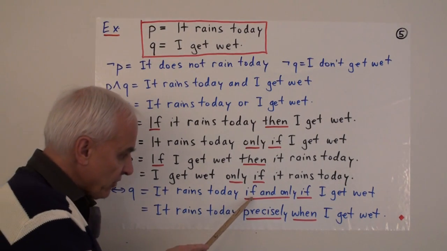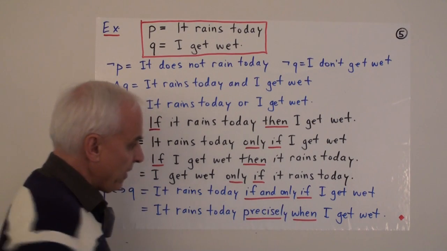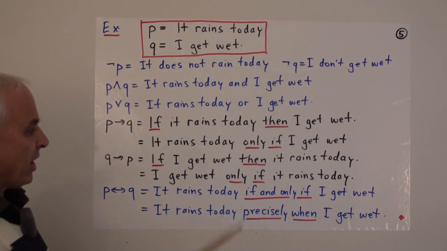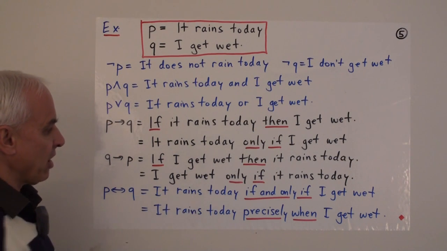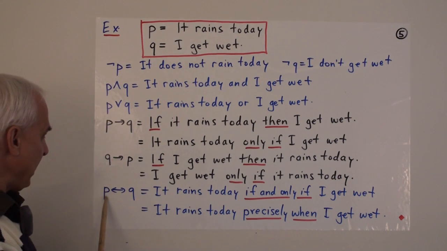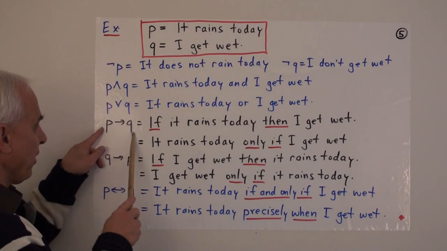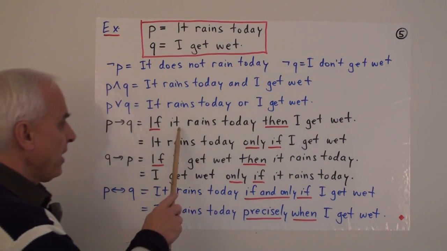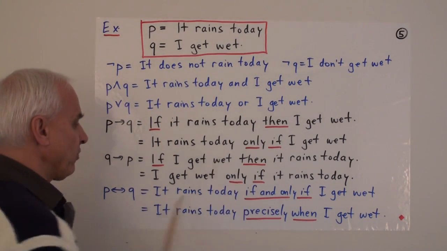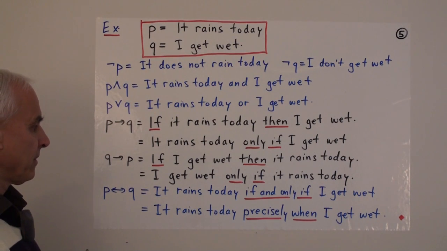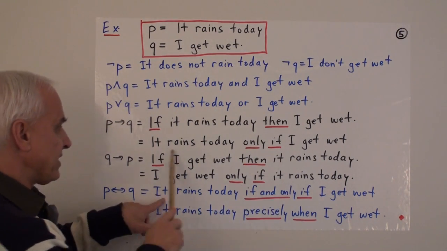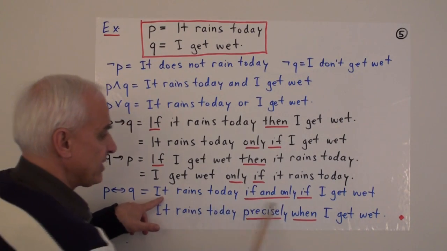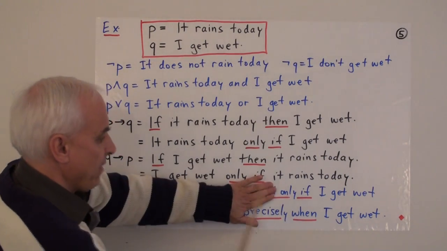Now notice this construction here, if and only if, really combines two of these kinds of constructions we were talking about before. So the P implies Q, this one here, is exactly this statement. If it rains today, then I get wet. Or, it rains today only if I get wet. That interpretation is inside here with the only if.